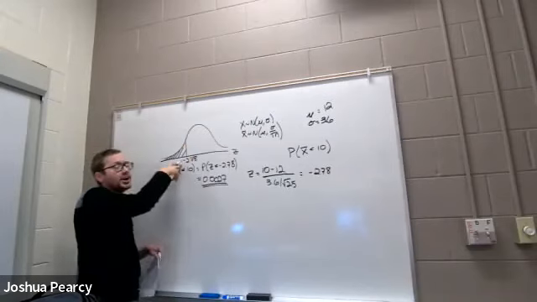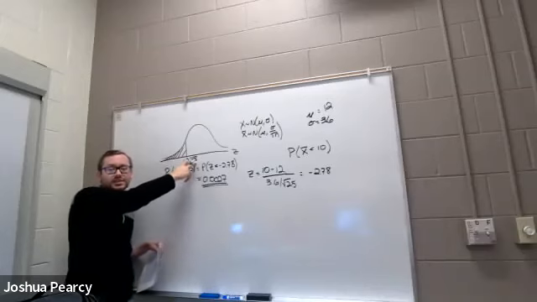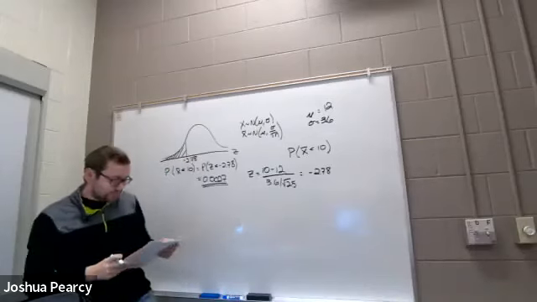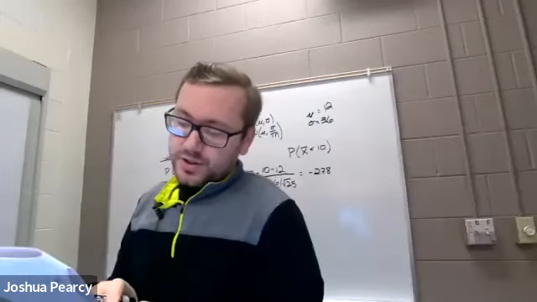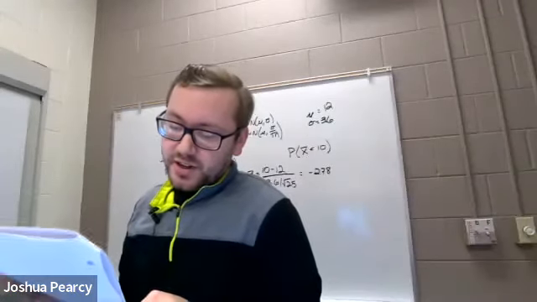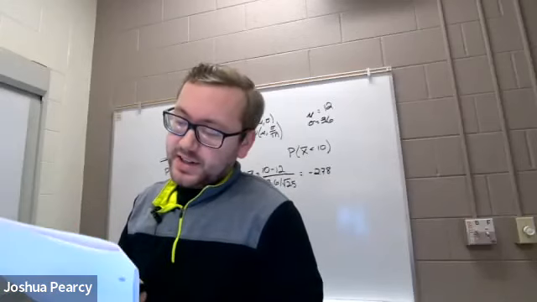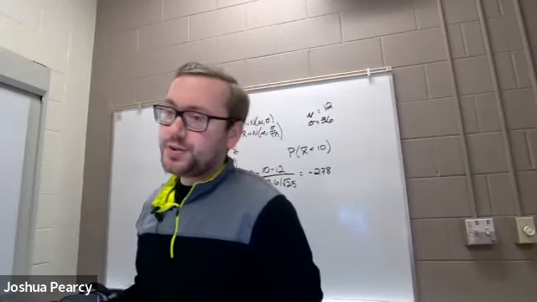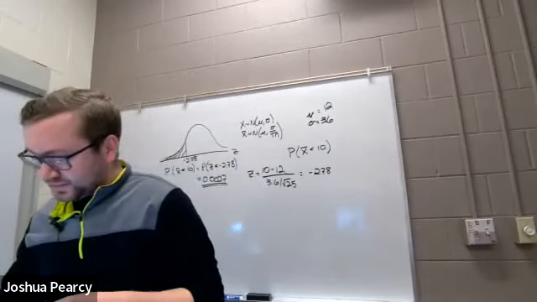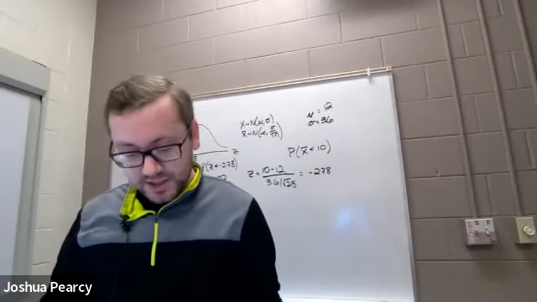Then you can find the area to the left by just looking up this z-score in the table, and it will tell you the area to the left of it. Just go to negative 2.7 on the left where it says z, and then intersect that with 0.08 at the top, and you should get 0.0027. And is that correct? It is.